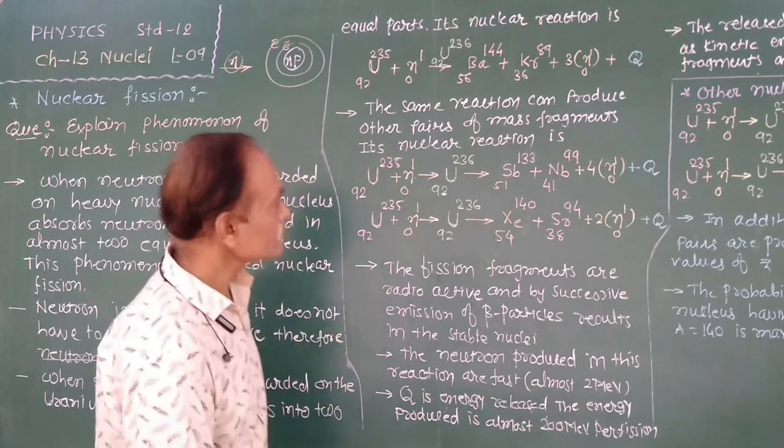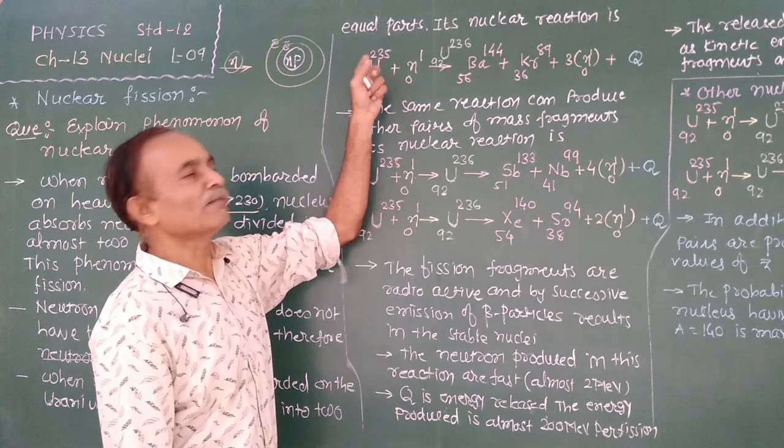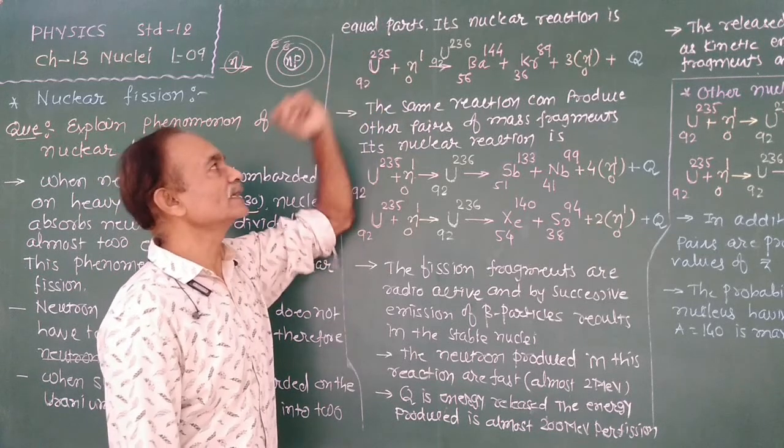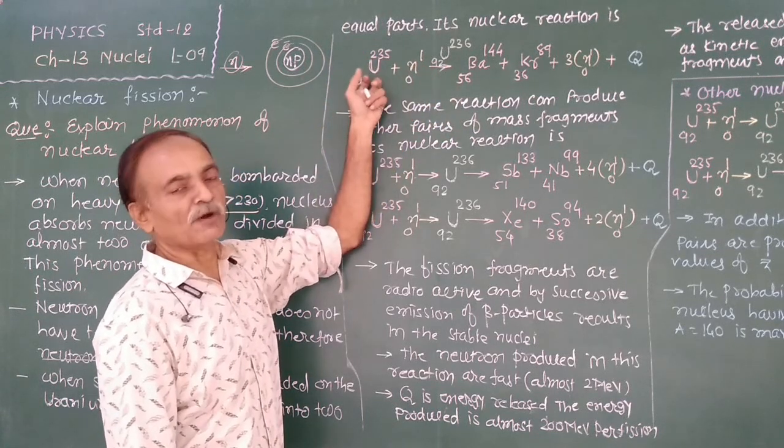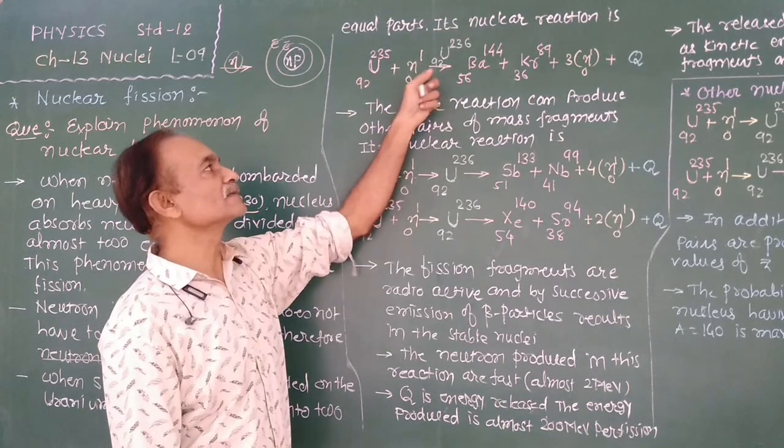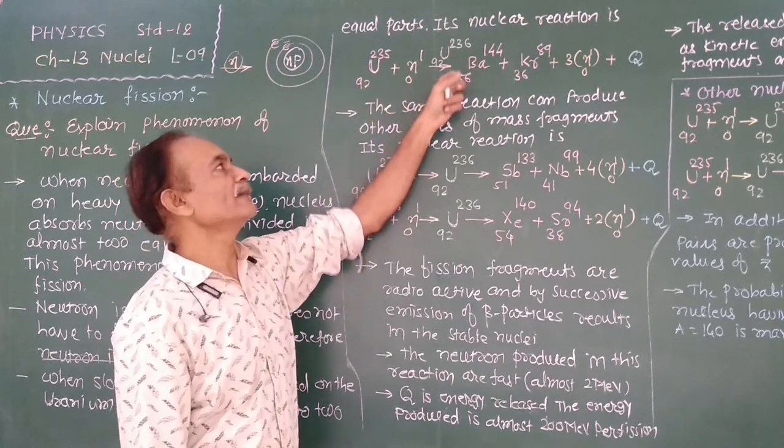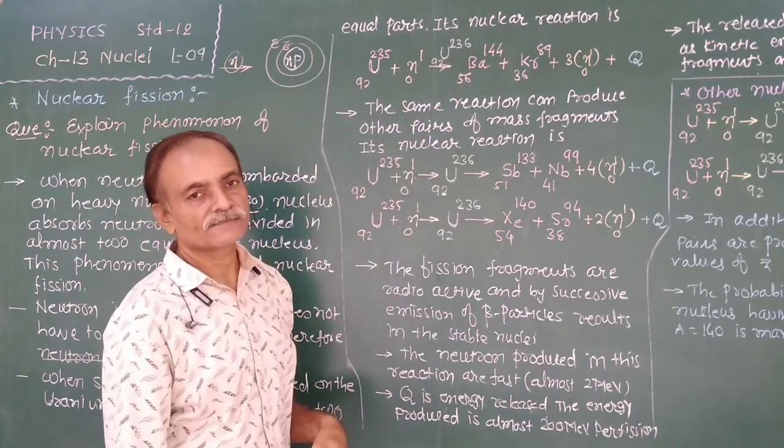Again, when the neutron is bombarded on uranium-92-235, the neutron is absorbed by the uranium nucleus and becomes the unstable uranium-92-236 nucleus.